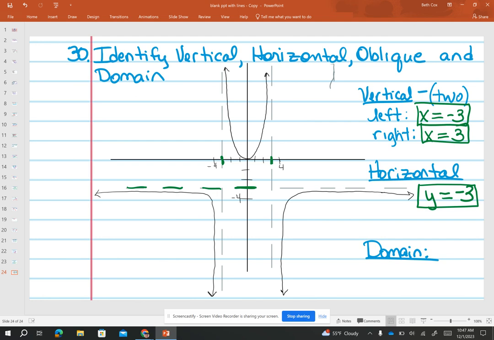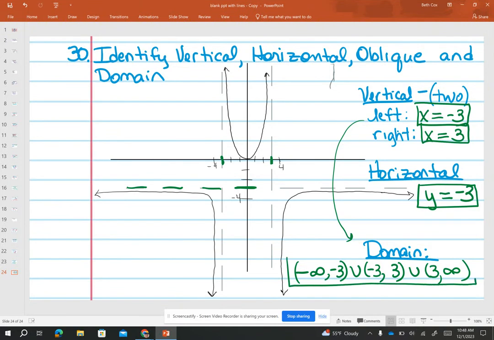Okay, now my domain again goes back to my vertical asymptotes. I leave out the negative 3 and 3. So it's negative infinity all the way up to negative 3. Skip the negative 3, go to positive 3, skip the positive 3, and go to infinity.